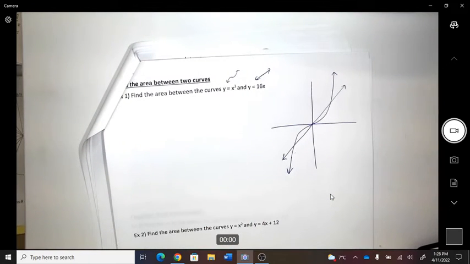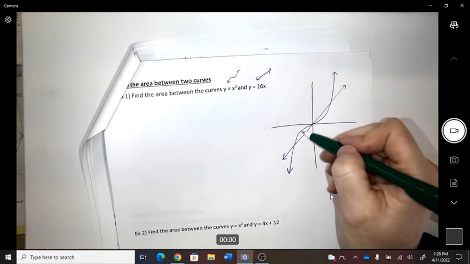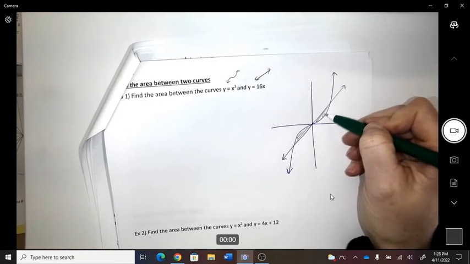Okay, so that is the cubic and that's the line. And we're going to figure out the area that's stuck between them. So that's what I'm actually trying to get.